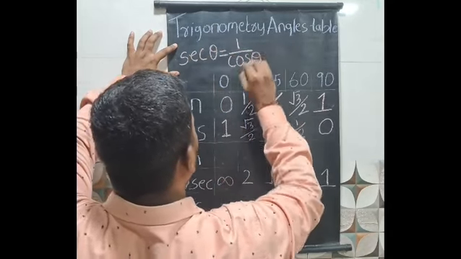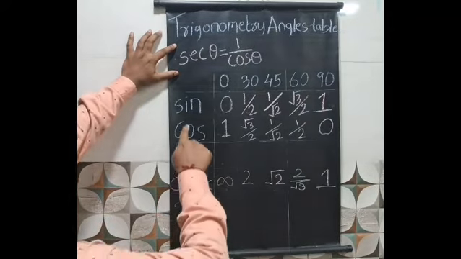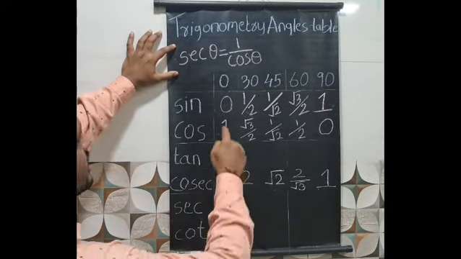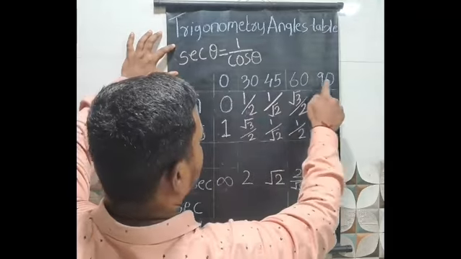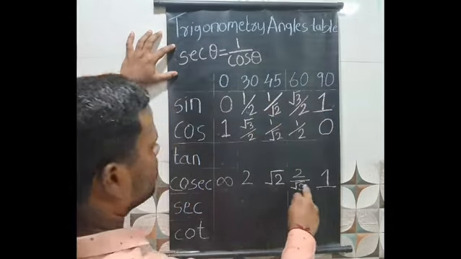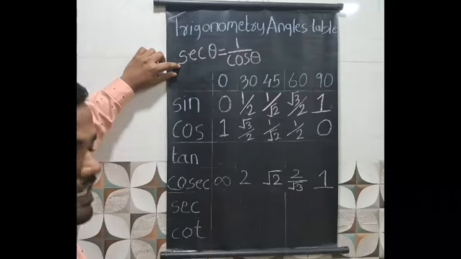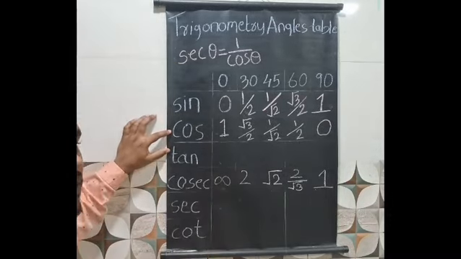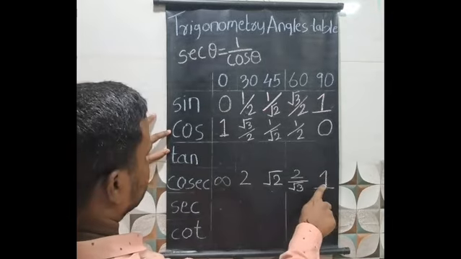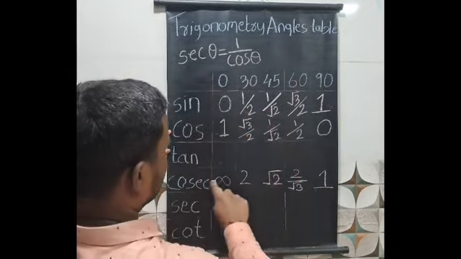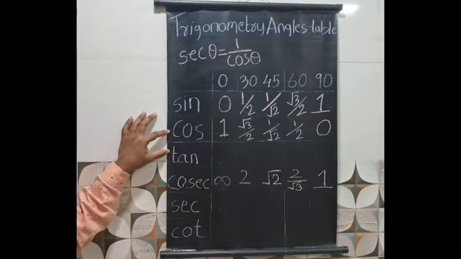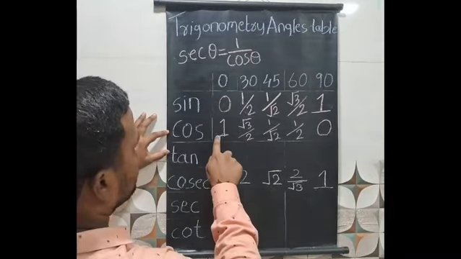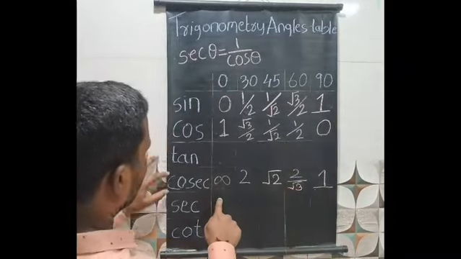Previously for sine and cosec, we just took the reciprocal of the values for the respective angles. So here it is also the same. Just take the reciprocal of the value of cos and write it over here.